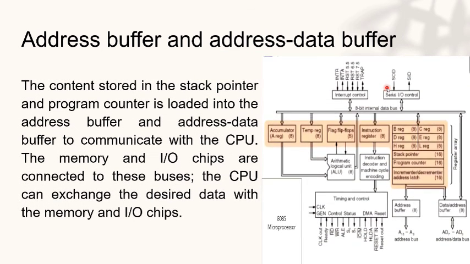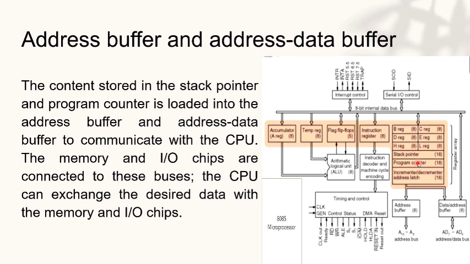We have only a few components: address buffer and address data buffer. This is address buffer and this is address data buffer. The content stored in the stack pointer and program counter is loaded into the address buffer and address data buffer to communicate with the CPU. Okay, see, we are going to store something in stack pointer and program counter, right?